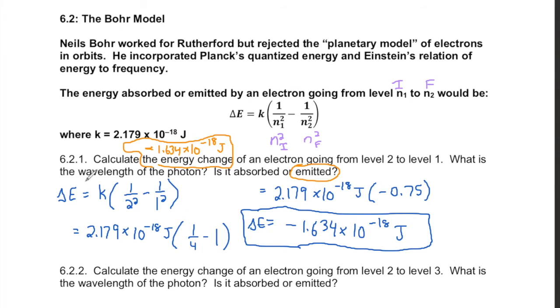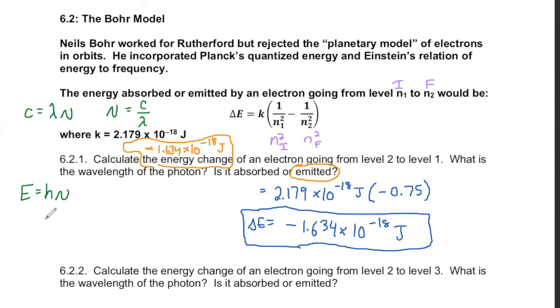And we have calculated the energy change of negative 1.634 times 10 to the negative 18 joules. And now we want to know the wavelength of a photon that has this energy. Alright, so we have the energy. How is it related to the wavelength? We've used this equation before to come up with the energy from the frequency and also from the wavelength. Because remember, the frequency and wavelength are related because the product of the frequency and wavelength is the speed of light.